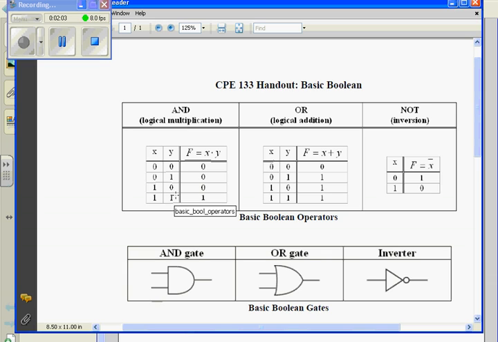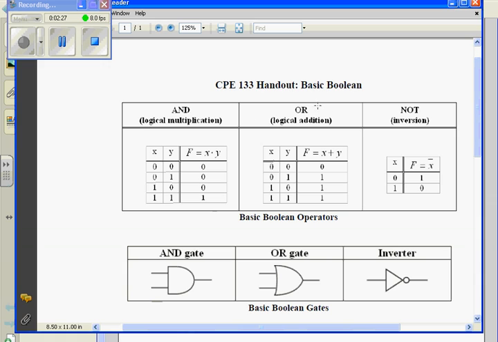So the AND operation shows you here that the only time the output f, x and y, is a 1 is when both of them are 1. So this is only true if both conditions x and y are true. You see everywhere else the output is 0. All right, so that's the AND operation.